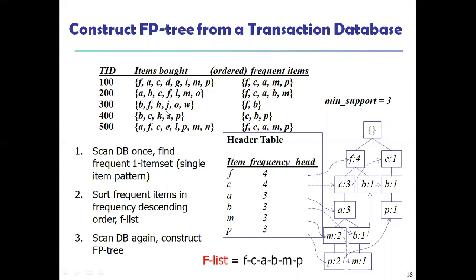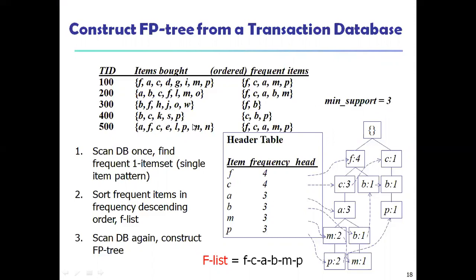Similarly, if you see D, it has come in the first transaction, 1 time, but there is no D here, and here also no D, and here also no D. Because D has appeared only once, but our minimum support count is 3, D will not come into the picture.